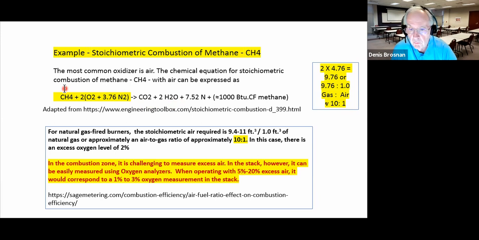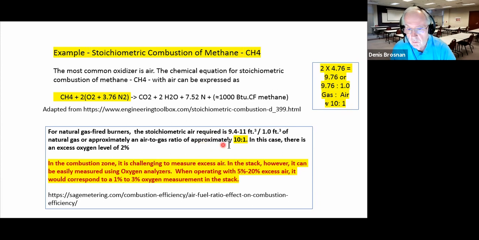Okay, so in most gas-fired heaters and natural gas-fired burners, a ratio will be computed for stoichiometric combustion of 9.4 to 11 cubic feet of air per 1 cubic foot of fuel. It depends on the chemical analysis of the local natural gas that you're using.